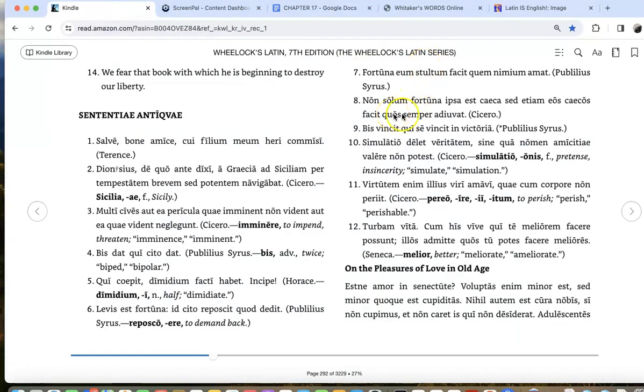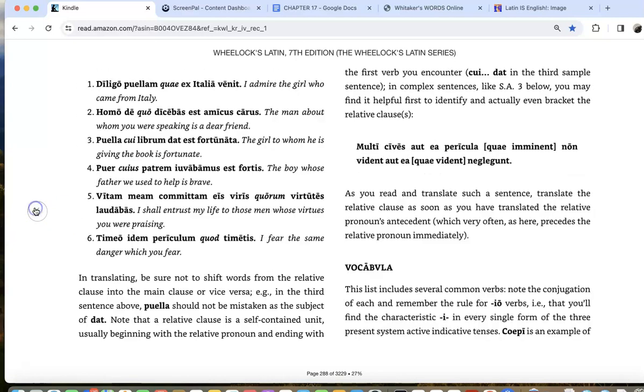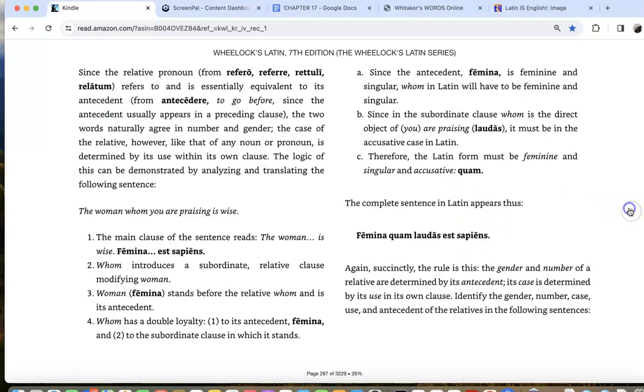So quos is referring back to those blind. So those, is that singular or plural? It's plural. Is it masculine, neuter, or feminine? In this case, it's going to be masculine. But then its function in the relative clause is as the accusative direct object. So we go back here, you're going to see we have plural, masculine, accusative, which is quos, referring back to eos, caecos.